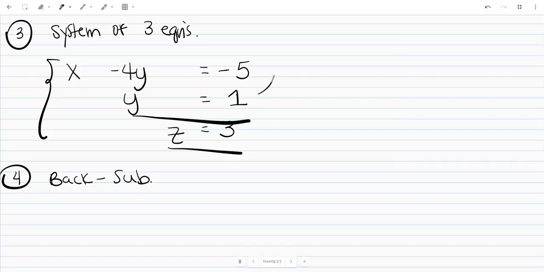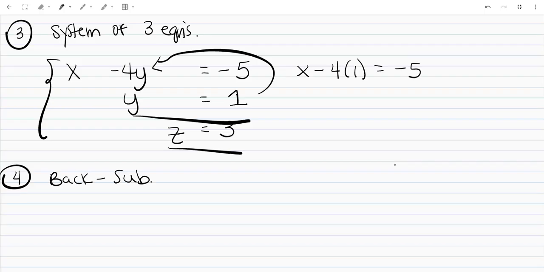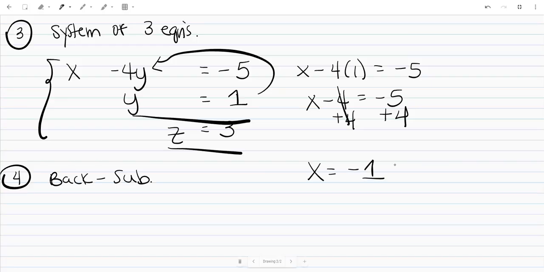I can plug in what I know for y to solve for x. This leaves me with x minus 4 times 1 is equal to negative 5. This is just a regular linear equation, so that's x minus 4 is equal to negative 5. Adding 4 on both sides, I have x is equal to negative 1, making my solutions negative 1, 1, and positive 3.